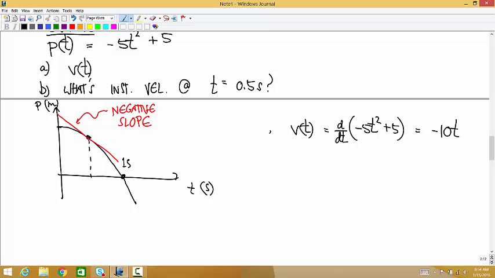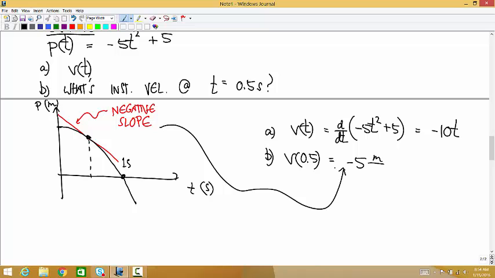So that's part A, and then part B, you're just going to plug the value of 0.5 into this, and you get that the velocity at 0.5 is equal to negative 5. And this negative slope shows up there.